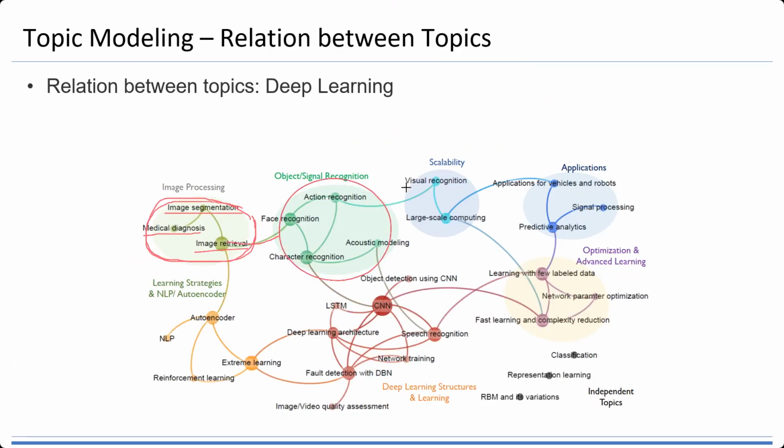This topic might be highly correlated with scalability. This topic has a high correlation with some application and so on. So we can also look at this kind of relationship between topics.